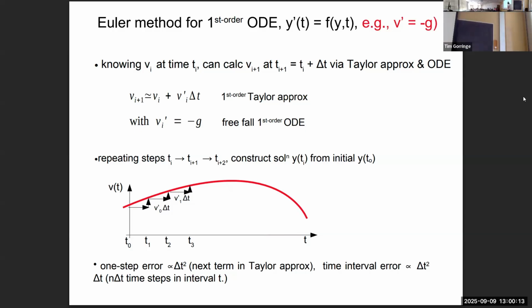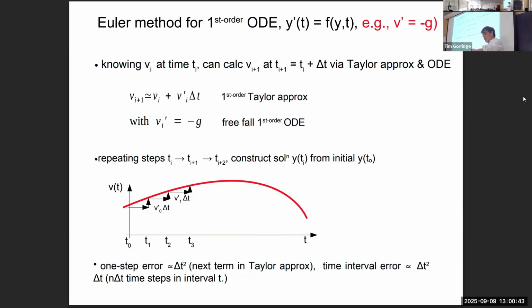Right up at the top, y prime equals some function of y and time is how I think of a general first order differential equation. So time is the independent variable. y is the dependent variable. y prime is its differential, as my notation there. And so this is a first order differential equation.